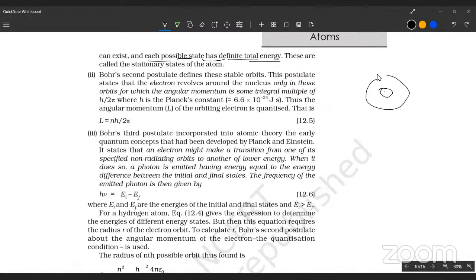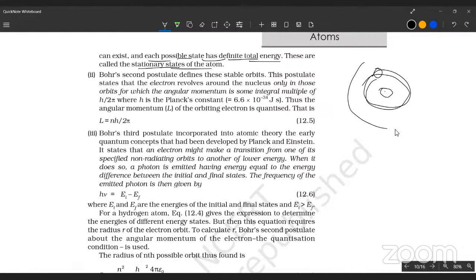It will revolve around the nucleus in fixed energy levels. This is the first postulate Bohr gave. These are called stationary states of an atom.